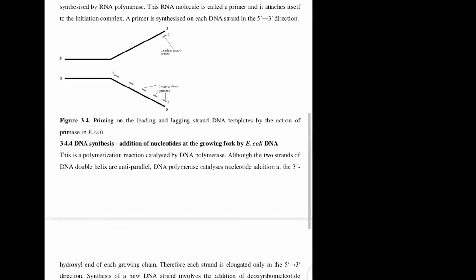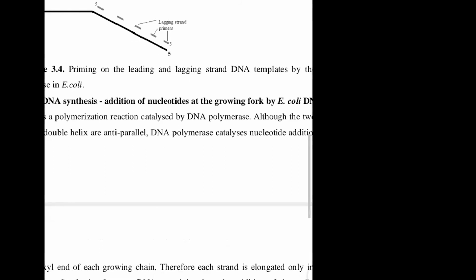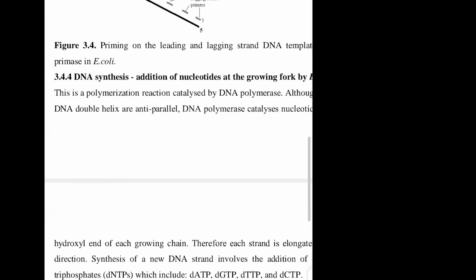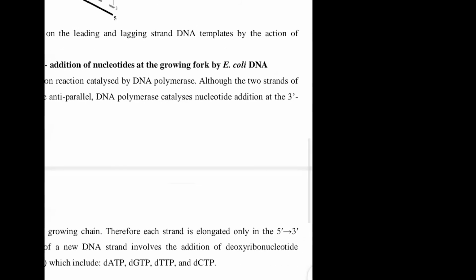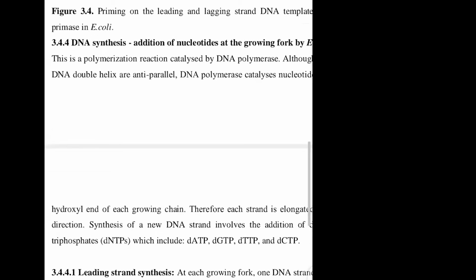A primer is synthesized on each DNA strand in the 5' to 3' direction. As you can see on the diagram, on this Y-like shape, you can see the leading strand primer on the 3' to 5', and you can see the lagging strand primers. So you have priming on the leading and lagging DNA templates by the action of primase. Primase is the other name for RNA polymerase.